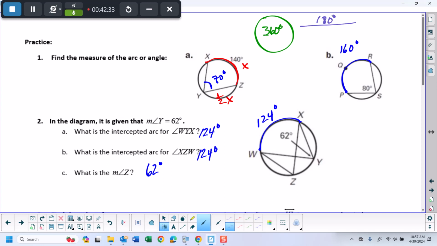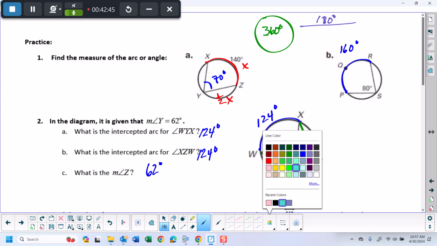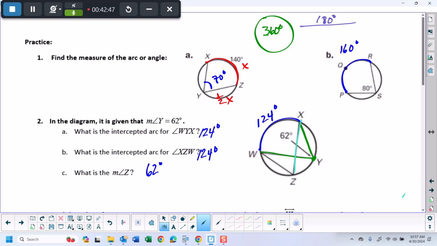In number 2, my measure of angle Y is 62 degrees. So here's my inscribed angle with its endpoint on the circle. Therefore, any other angle that is also sitting on the circle with the same exact endpoints, W and X, think about it.